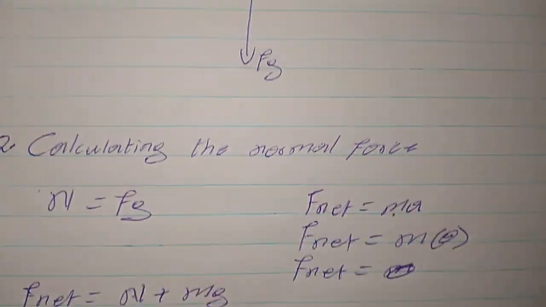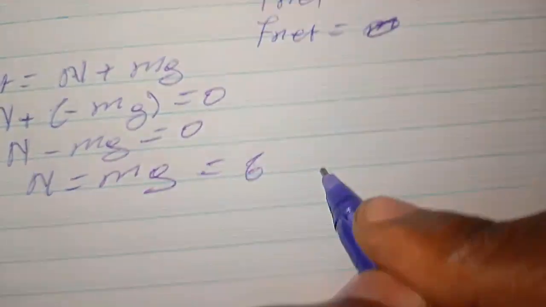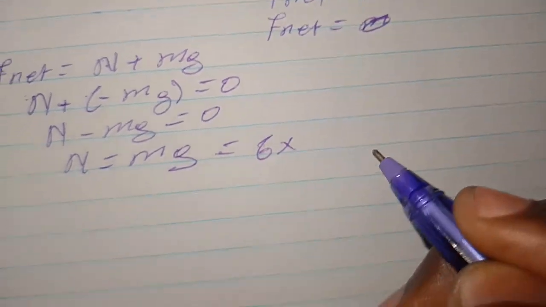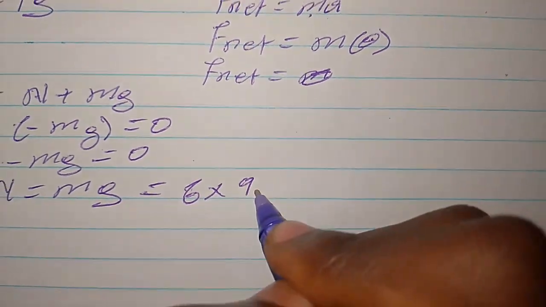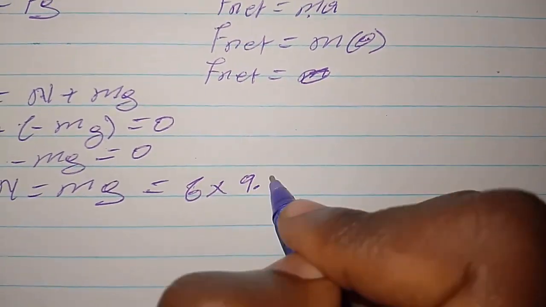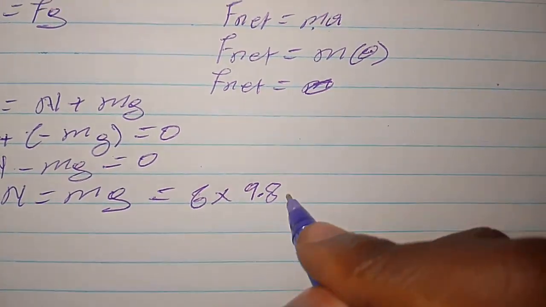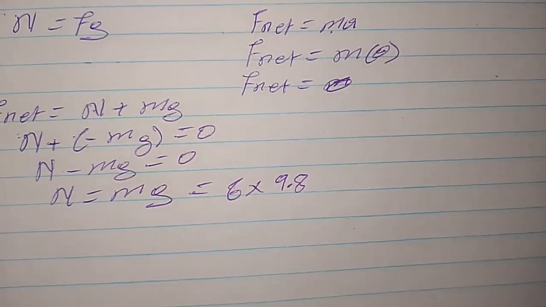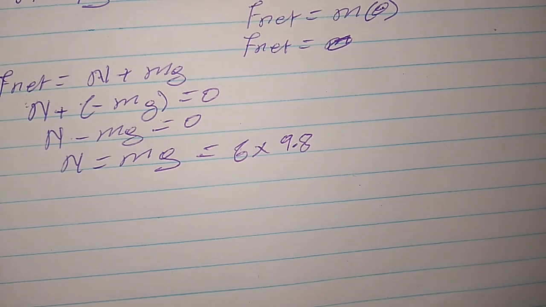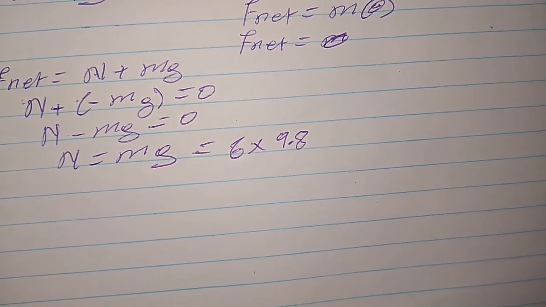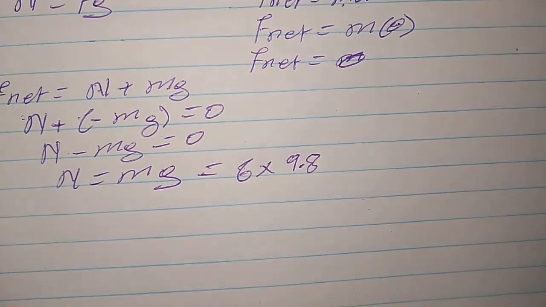equal to, since we're told that our object is 6 kg, that's the mass, then we substitute 6 for m and then multiply by gravitation. So the gravitation is 9.8, and then we get our answer as 6 times 9.8, 58.8.